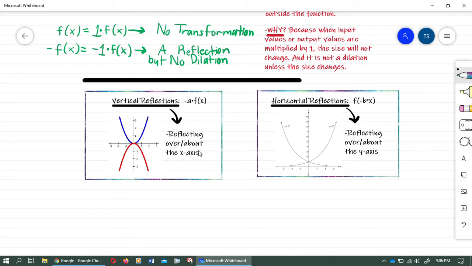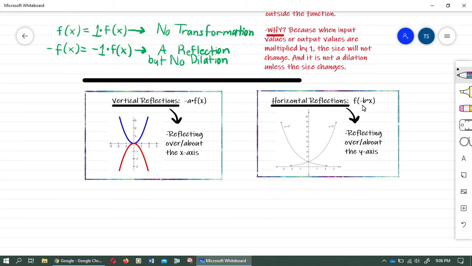You should know what the x-axis is: that's the axis that's going left and right. But when we say a vertical reflection, we're talking about reflecting over or about the x-axis.